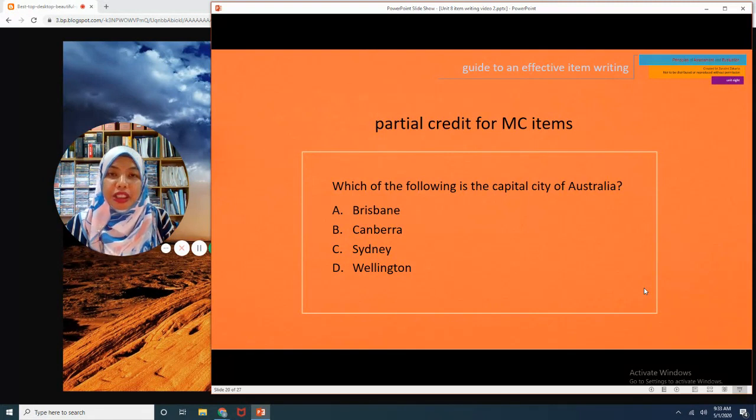So what exactly is partial credit? Remember that when I said that a multiple choice item has one fixed answer, and hence that is why it is an objective question. Well, it is not exactly true. With the multiple choice format, it is possible for a multiple choice question to have all of the options as correct answers.